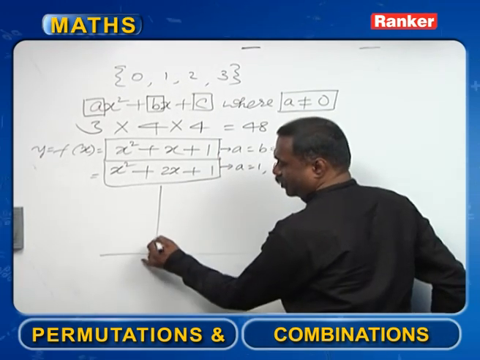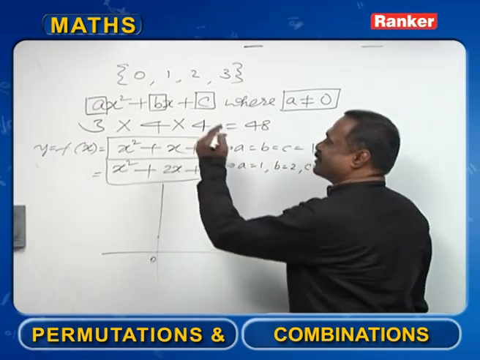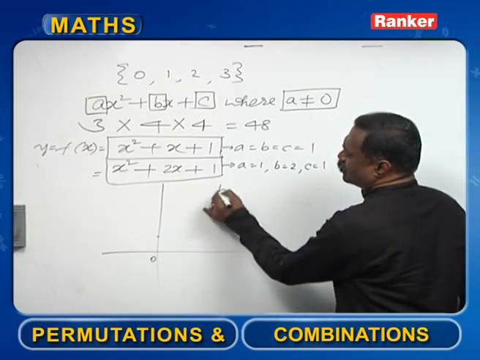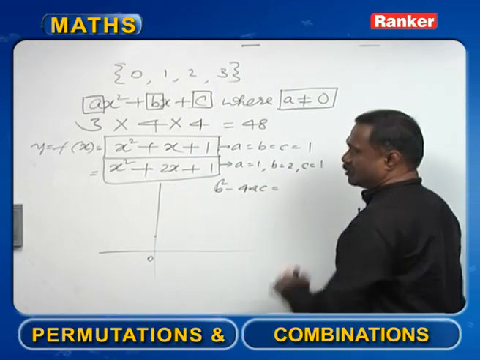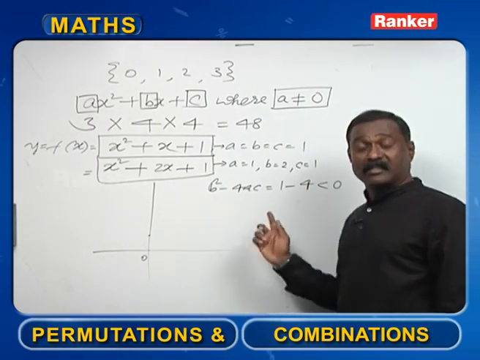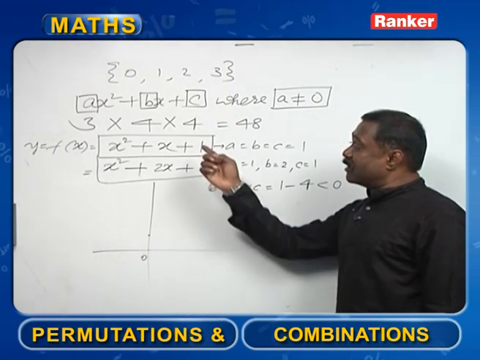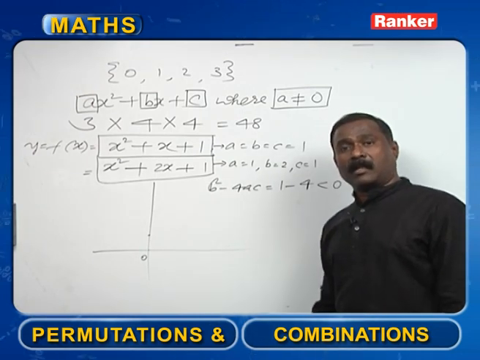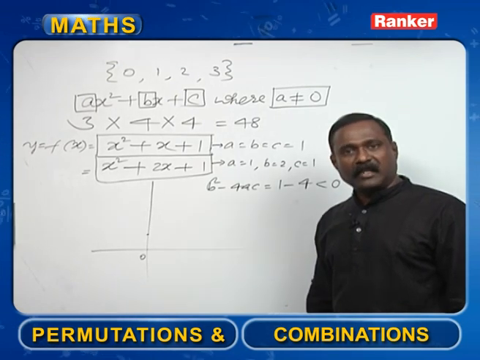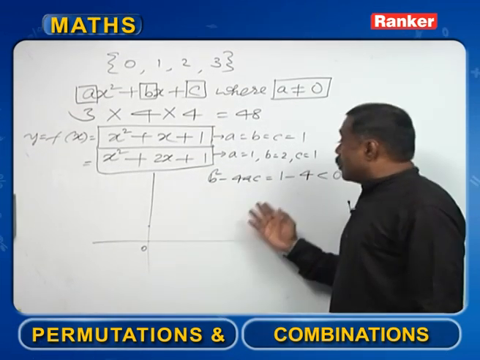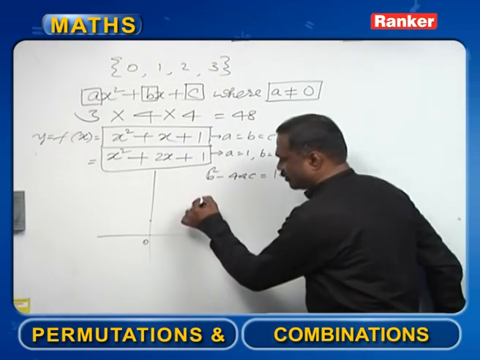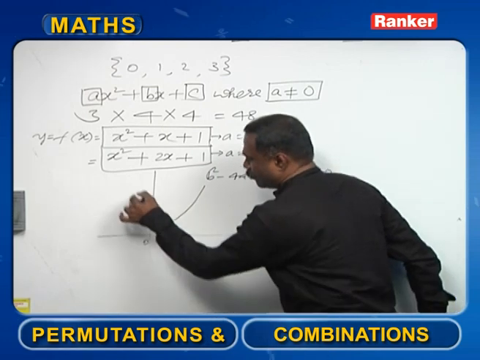It will cut somewhere here. And if you see the discriminant, you know the discriminant, b square minus 4ac, is nothing but 1 minus 4, which is less than 0. Its discriminant is negative. That means it doesn't have any real roots. Doesn't have any real roots means it never cuts the x-axis. Because if it has any real roots, it will cut the x-axis. If not, it will not cut the x-axis.